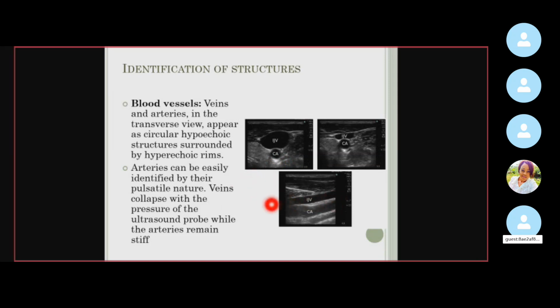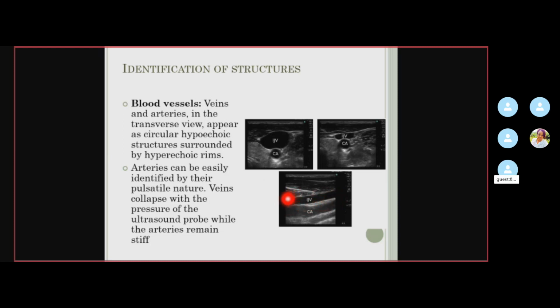See, in the lower picture, the arteries and the vein are longitudinal, so the long axis is shown. On this only we have to measure the Doppler signal. We can't measure Doppler on transverse. Is it clear? Yes, madam.